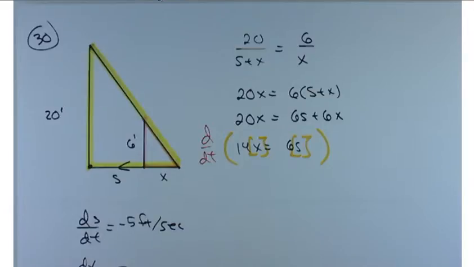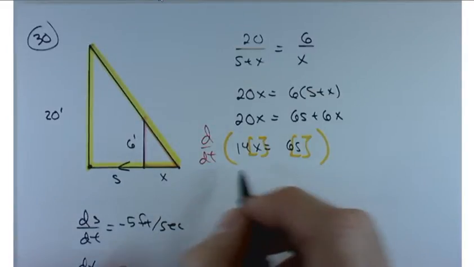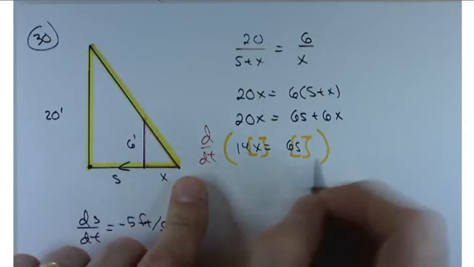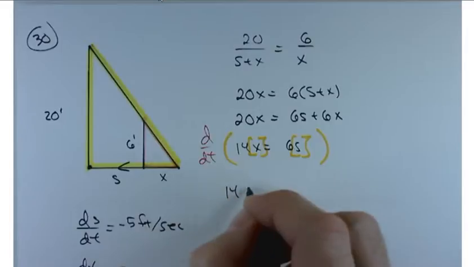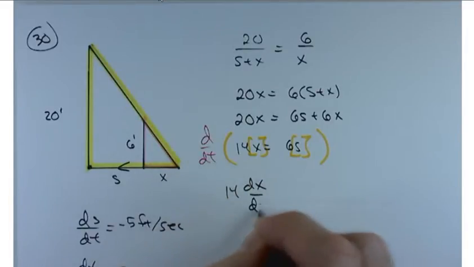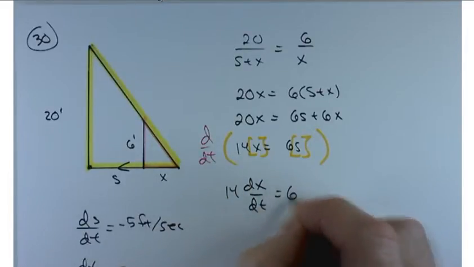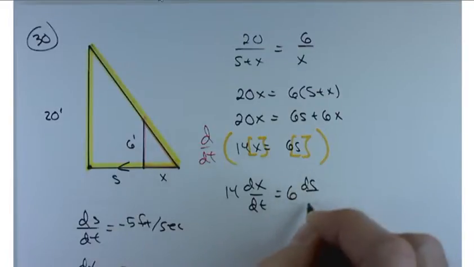I think in my morning class I solved for x first. That's all right. What do I get when I differentiate this entire equation? 14 dx by dt equals 6 ds by dt.